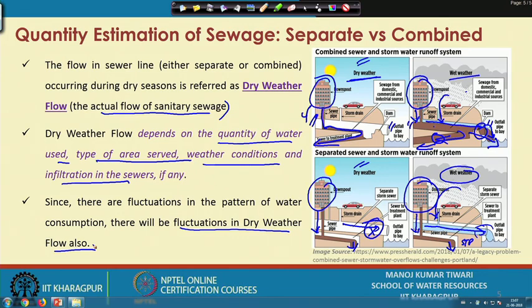Of course, if stormwater is also coming in, in a combined sewerage, then the whole dynamics of sewerage design changes, because the large flow coming from the runoff has to be integrated. In the case of a separate system also, particularly in the rainy season, or if there is a stormwater channel going nearby, there might be fractures and cracks in the sewer line, so there is a possibility of some leakage coming in.